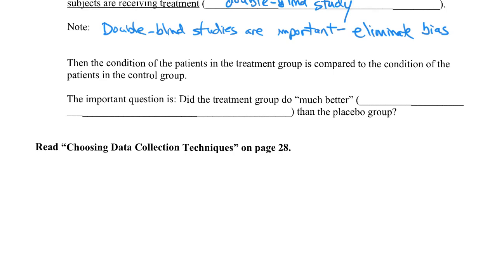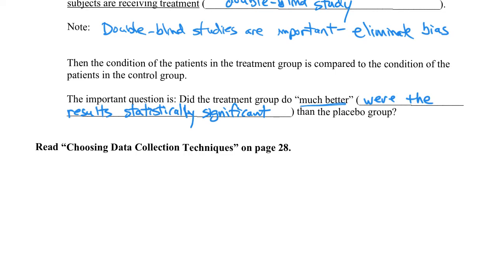This is what we already talked about. The important question is, did the treatment group do much better? Which means, were the results statistically significant? So did the treatment group do much better than the placebo group?